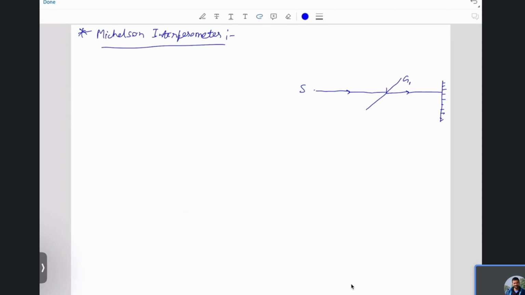And you have a mirror also here. So this is M1, this is M2.